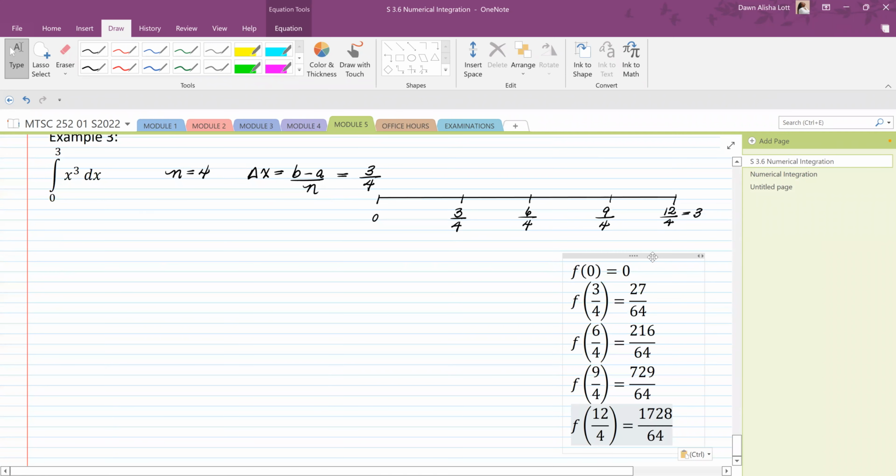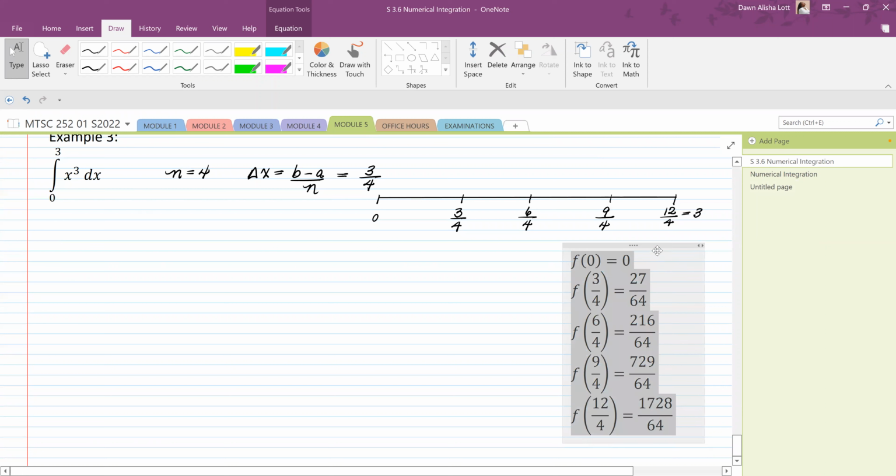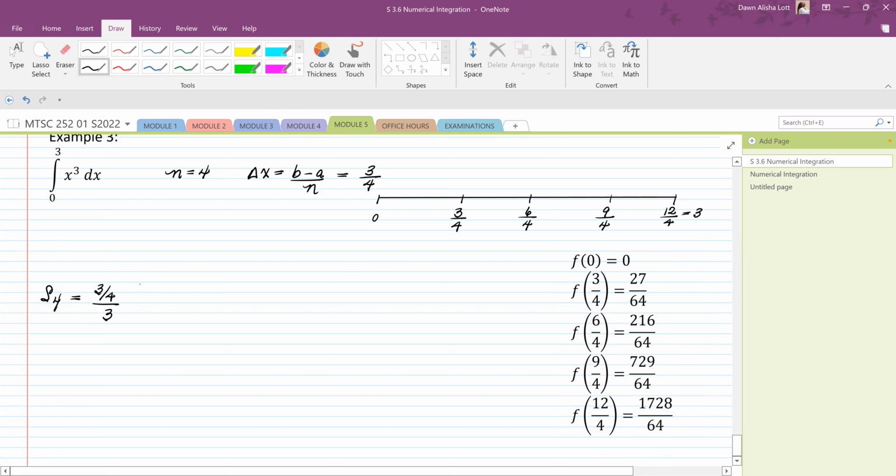Okay, so make a note: for Simpson's rule and trapezoidal rule, you will use the same points. For the midpoint rule, remember, you use the points in between. So S4 is going to be 3/4 divided by 3.